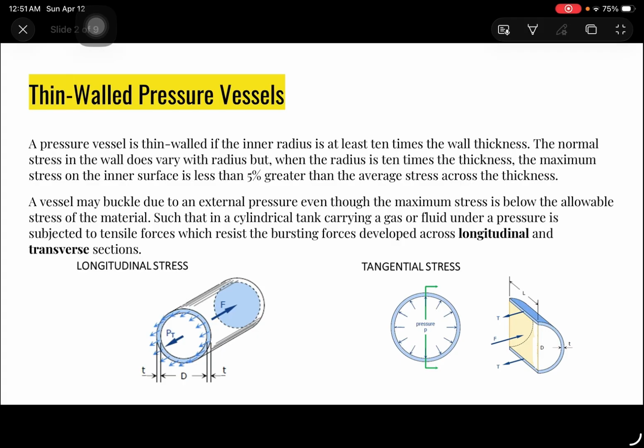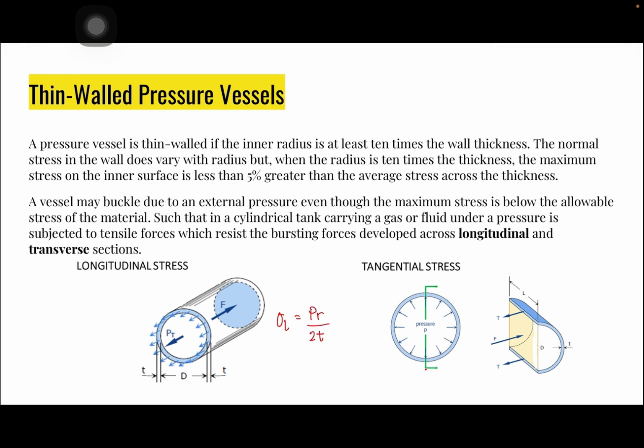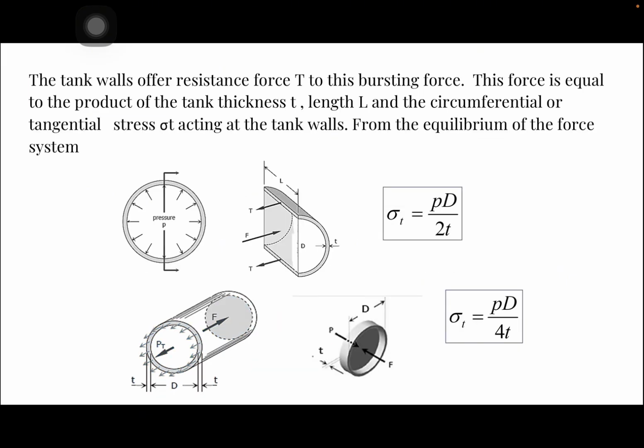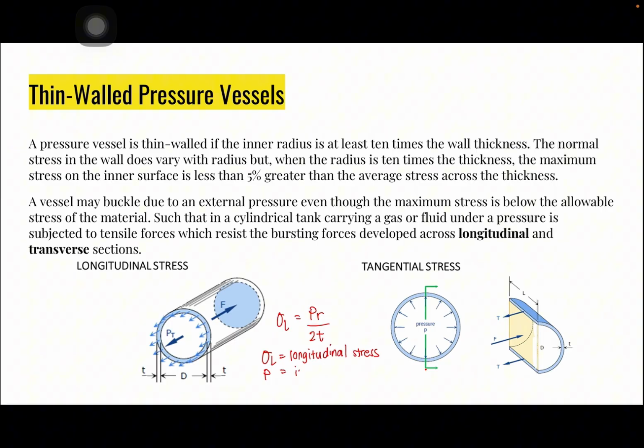So we have the formula for longitudinal stress equals PR all over 2T, where sigma sub L is the longitudinal stress, P is the internal pressure, R is the radius, and T is the thickness.